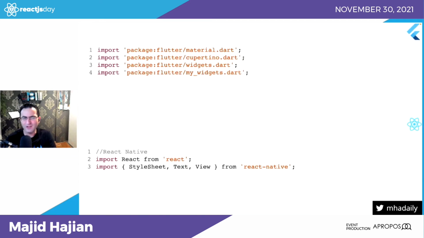So, in fact, you can reuse these widgets. You can actually import them. In React or React Native, you import them from some type of library, whether it's local or an npm package. Well, in Dart, the syntax is fairly different. You just import the main entry to the package or the file that is locally hosted in the root of your application.